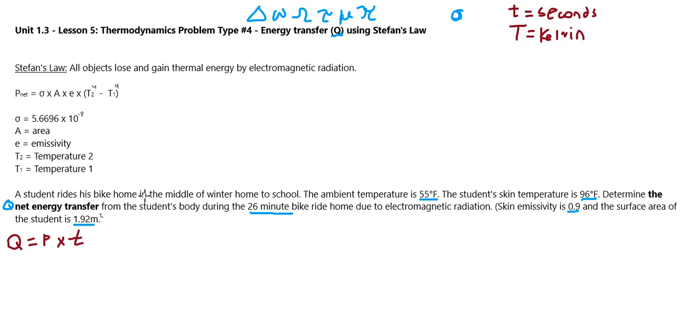So first, we might as well just do the easy part first. Find seconds. We see that it's 26 minutes, so let's multiply that by 60. 26 times 60 equals 1560. So that's what we plug in for that already.